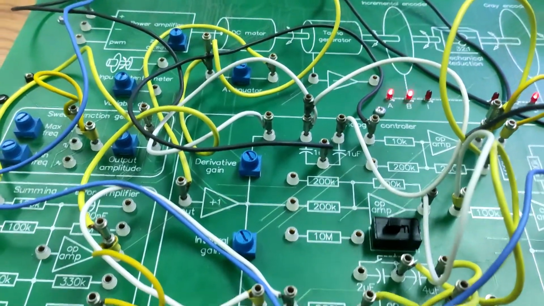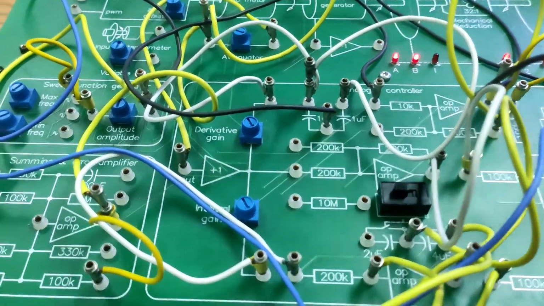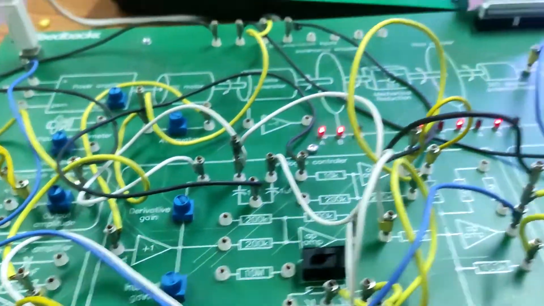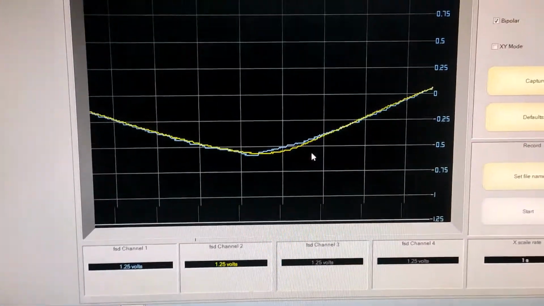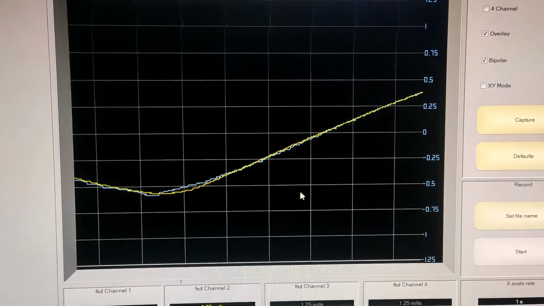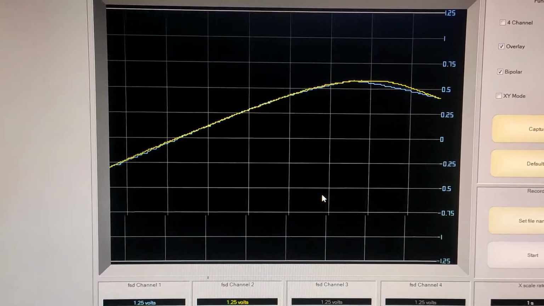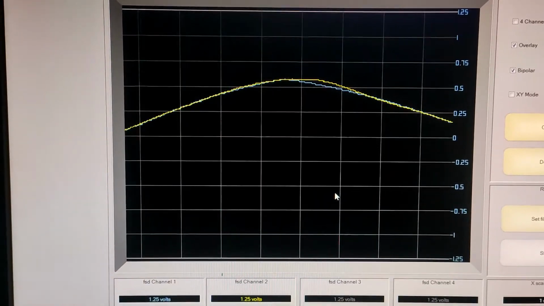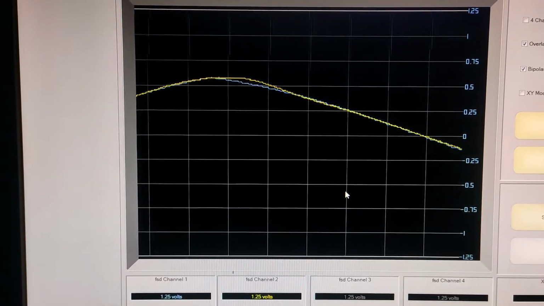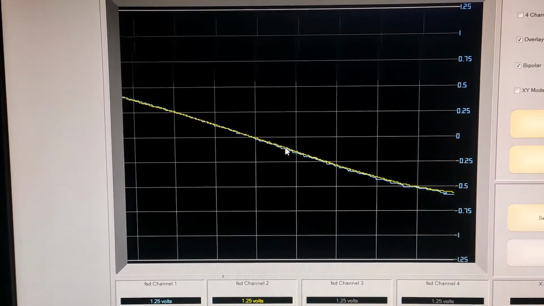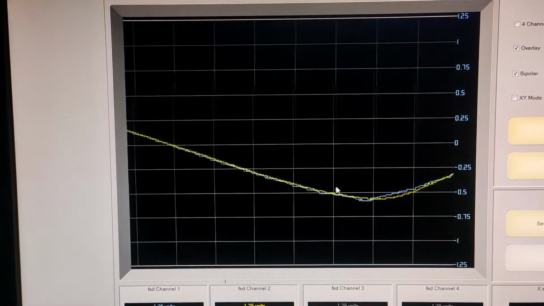Now if you give a PID control with a sinusoidal wave, okay, then see the response. This blue and yellow almost overlap, every overshoot and steady state error, all those things are eliminated. Still a little difference is there and some noise is there.